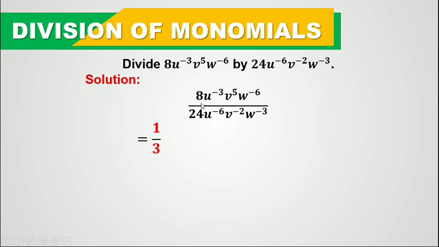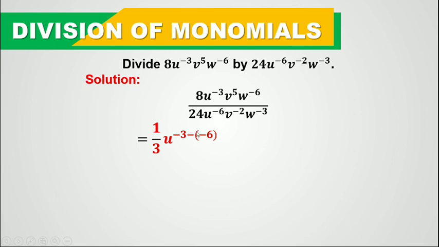And then for the variables, copy u, negative 3 minus negative 6. You also have to consider writing parentheses, because some students fail to do this. They forget to write the parentheses and simply write negative 3 minus 6, which is wrong because the exponent of the divisor is negative.